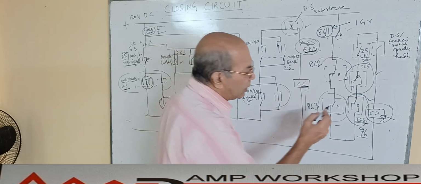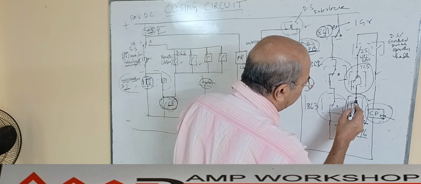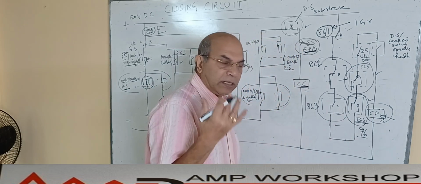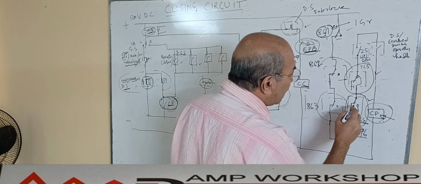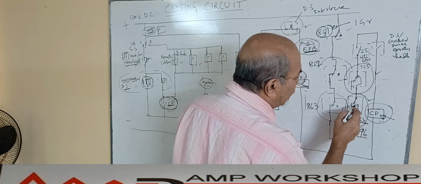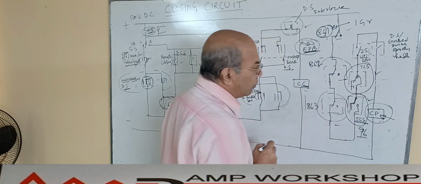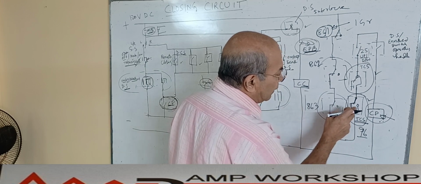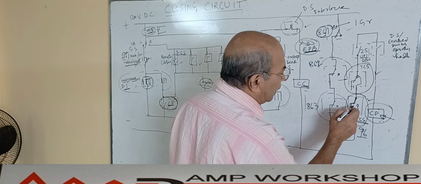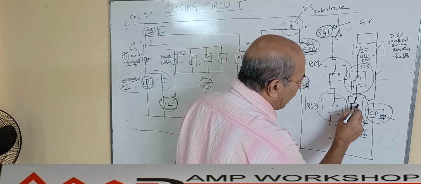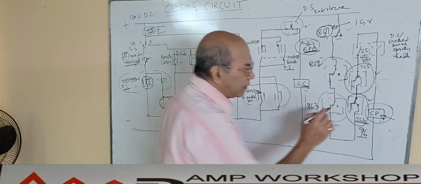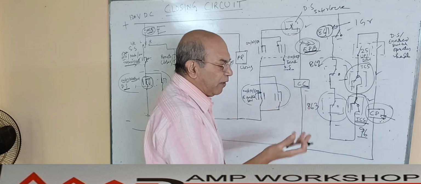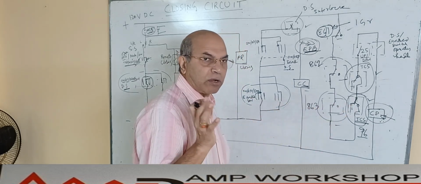When the trip coil is healthy, the contact switches over here, so the path is through it. And when the trip coil fails, it immediately becomes open. So this contact is normally an NC contact.